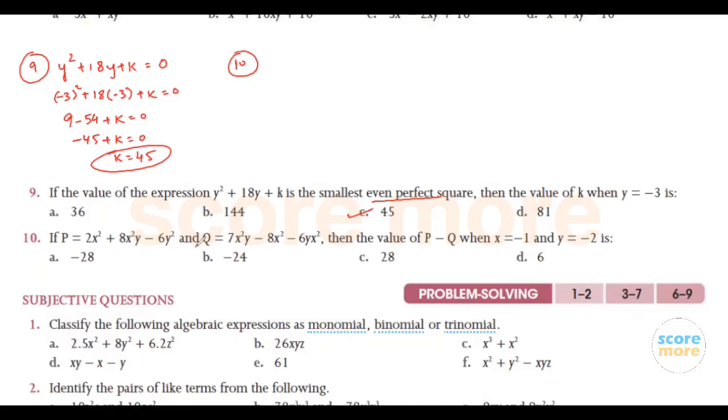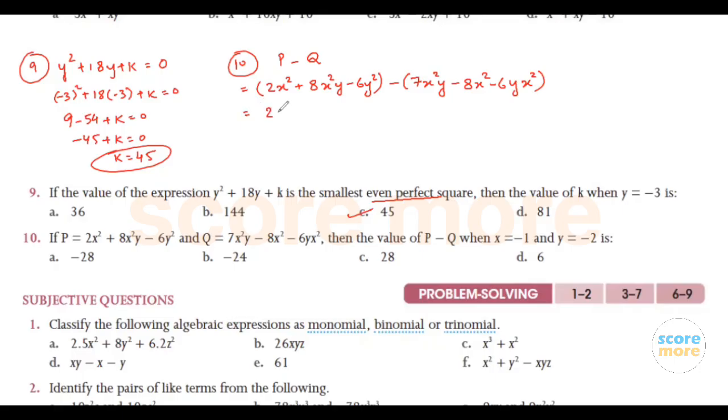Now 10th one, P is 2x square plus 8x square y minus 6y square, and we have given Q. We have to find out first of all the value of P minus Q. So enclose them in the brackets. So 2x square plus 8x square y minus 6y square minus Q, and Q is 7x square y minus 8x square minus 6y x square.